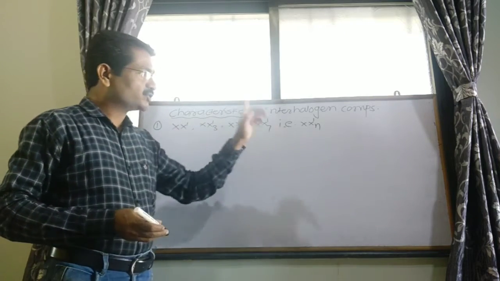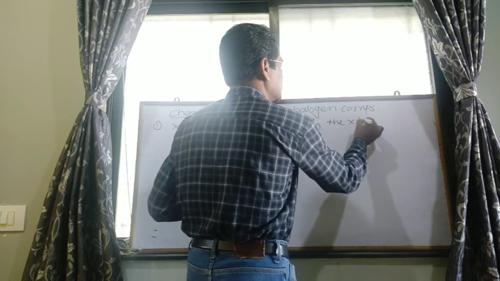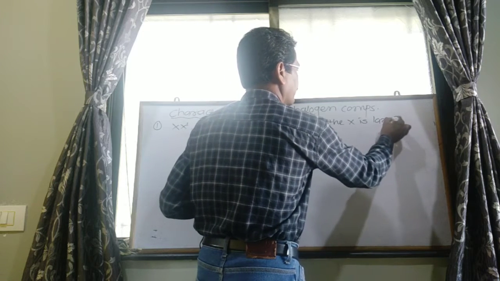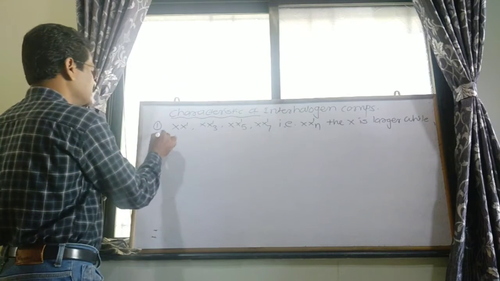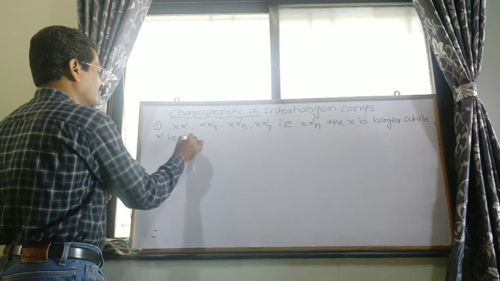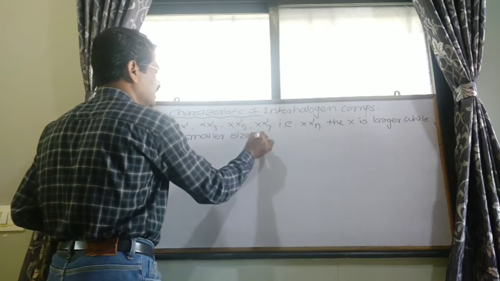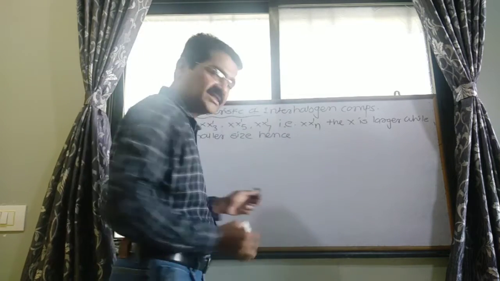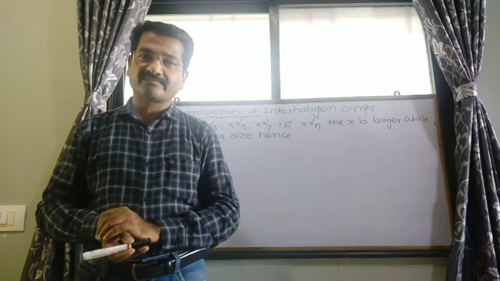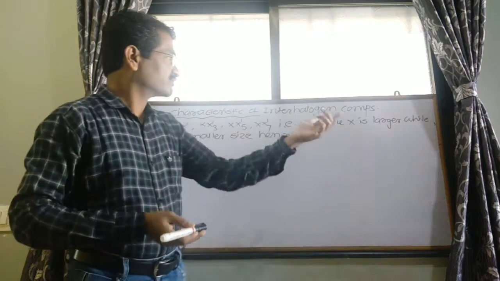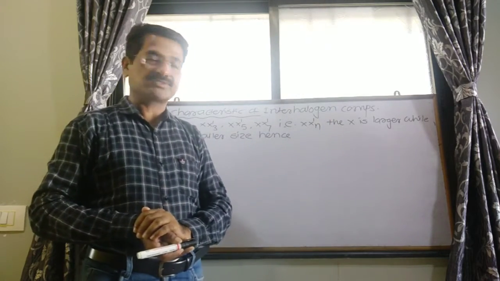In interhalogen compounds, X is larger while X' is smaller in size. Hence interhalogen compounds are named depending upon the parent halogen atoms.